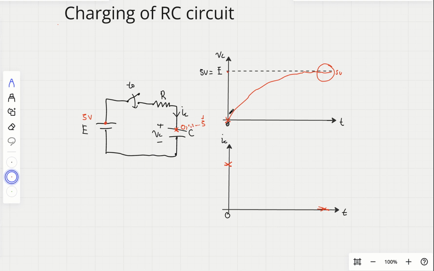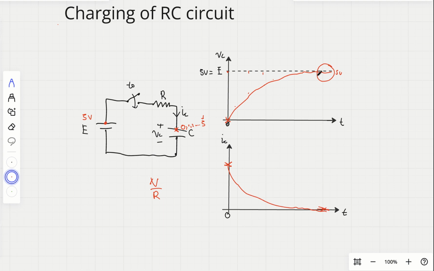Okay, over here it's 5 and then becomes lower and lower. Therefore, the current will also decrease, since the current is basically the voltage difference over the resistor. So when the voltage difference decreases, the current will also decrease. So current will decrease like this.